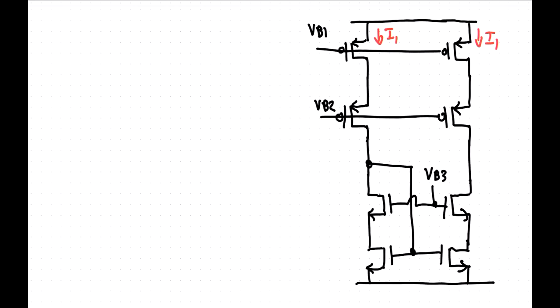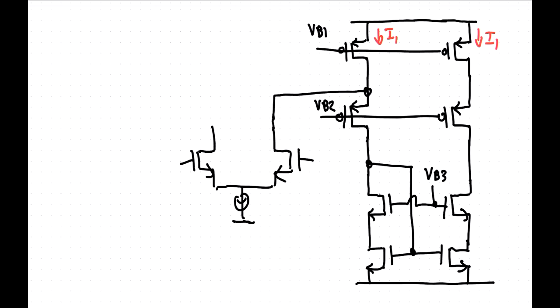Right. So differential pair, pop this in like this. I'm going to put a current source at the bottom here, and then we have the two inputs here.